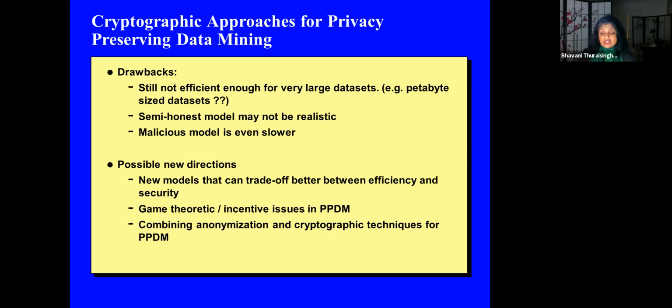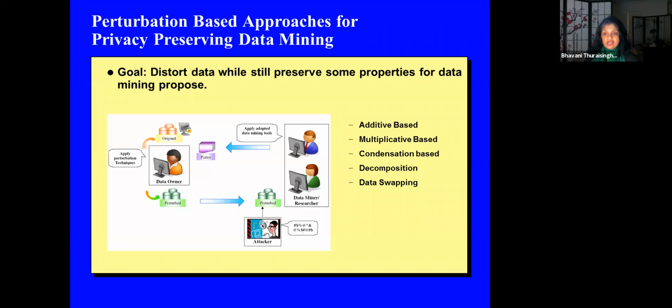Some new directions are new models that can trade off better between efficiency and security. So we look at efficiency, security, risk, and utility, and there is a lot of work on applying game theory, incentive issues in privacy preserving data mining. And then you want to combine anonymization and cryptographic techniques, right? There's also a lot of work in this area.